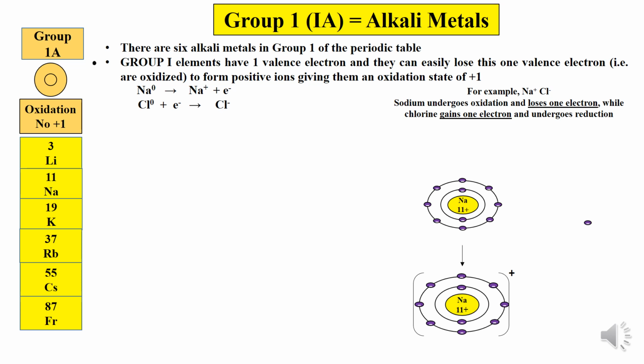So what is the driving force for the sodium, that is group 1 metal, to lose its valence electron? The reason is it loses its valence electron to achieve a stable electronic configuration. Also, to attain a stable electronic configuration, it loses its only valence electron.